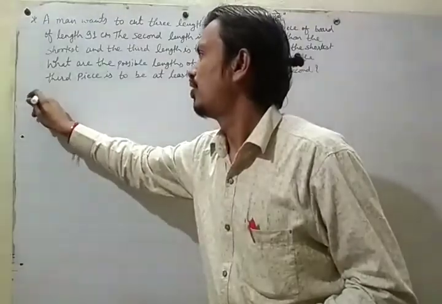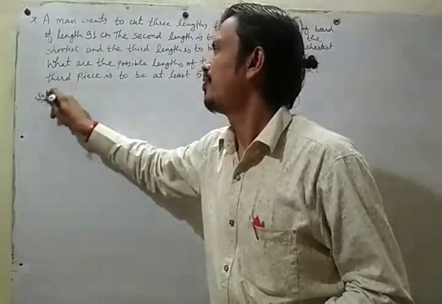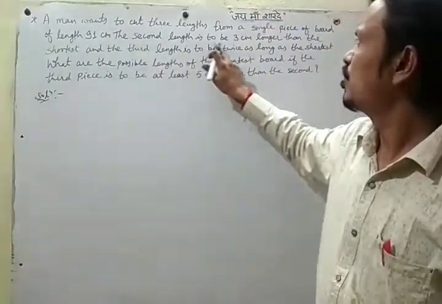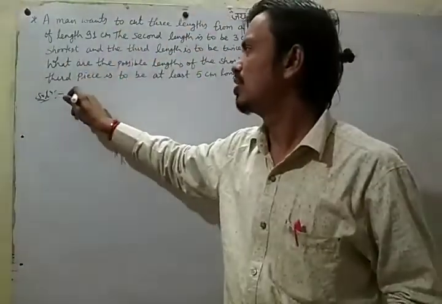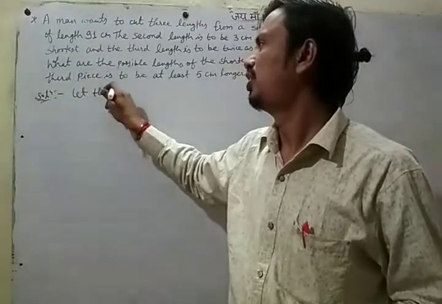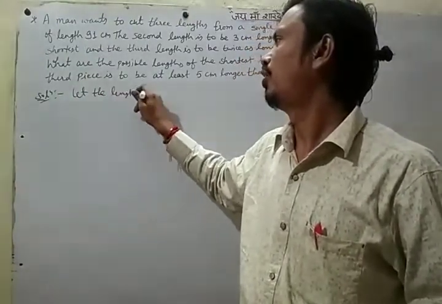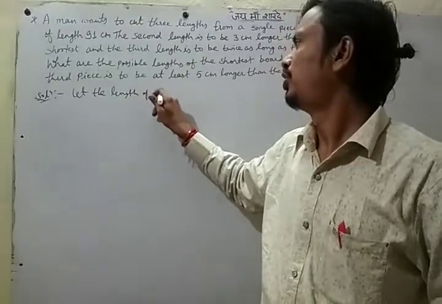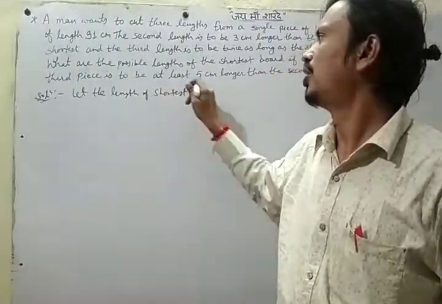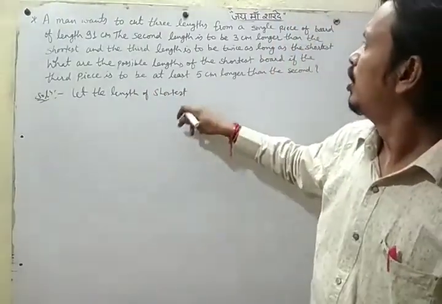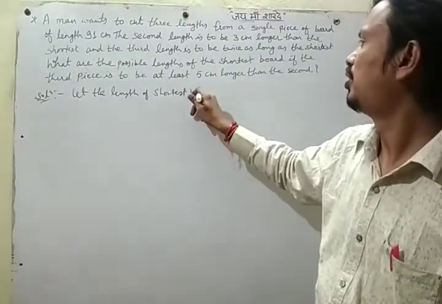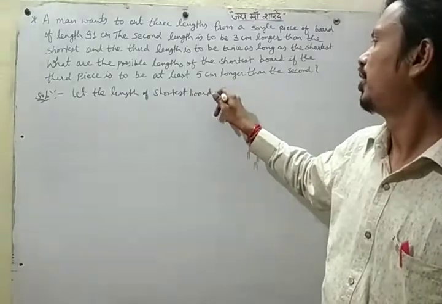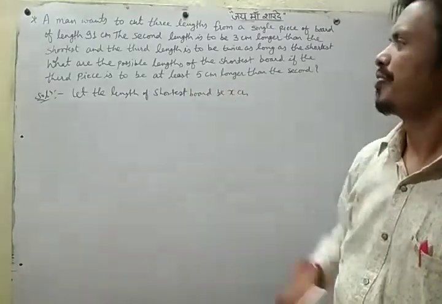So first we'll start. The second length is to be 3 centimeter longer than the shortest. So let the length of the shortest board be x centimeter.